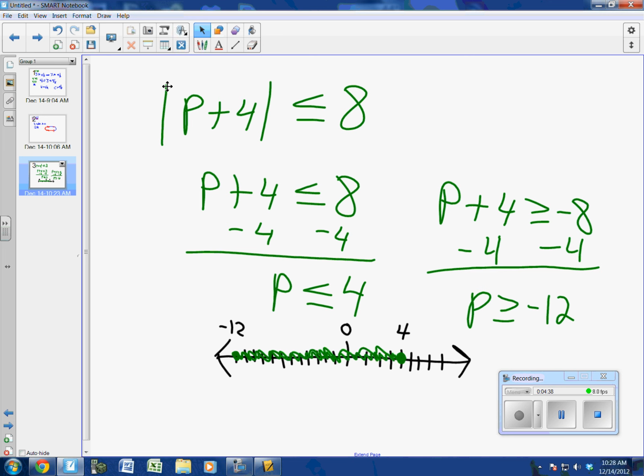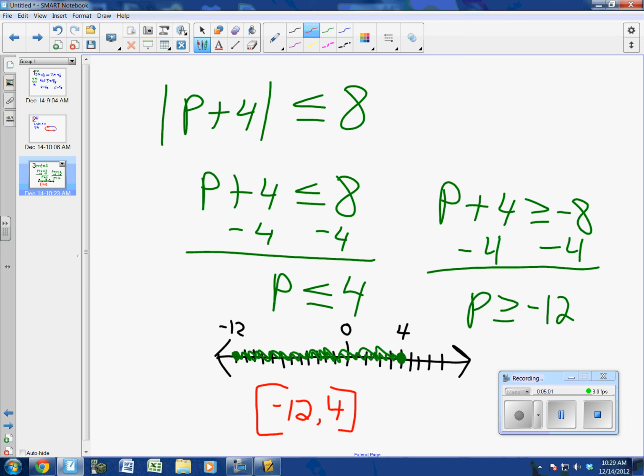How would we write that as an interval? Negative 12 and 4. I should write left-handed more. I'm almost better. Okay. Why is it brackets and not parentheses? It closes off.